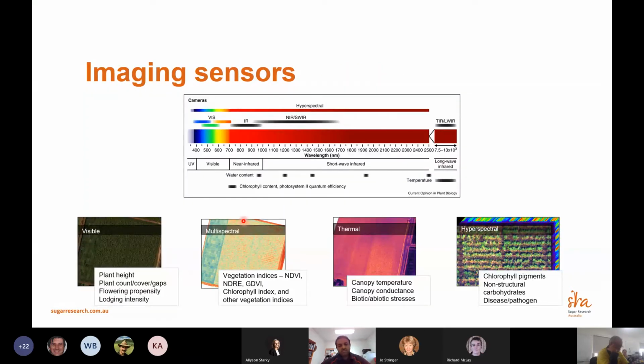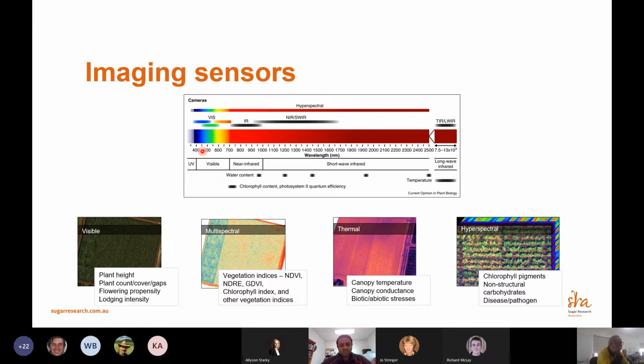Now the drones can be equipped with different kinds of sensors: visible, multispectral, thermal, or hyperspectral, and there are others such as LiDAR and fluorescence spectroscopy. But what each of these sensors does is capture certain regions in the electromagnetic spectrum, and each of those regions contains specific information about the plant that we can understand.